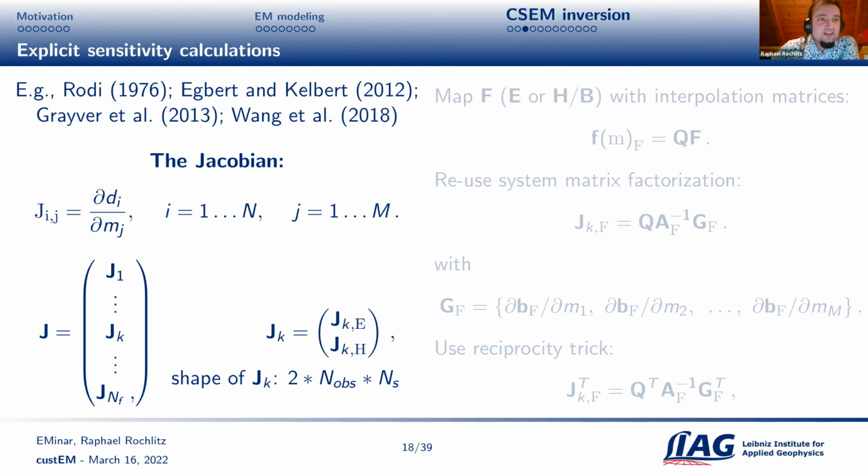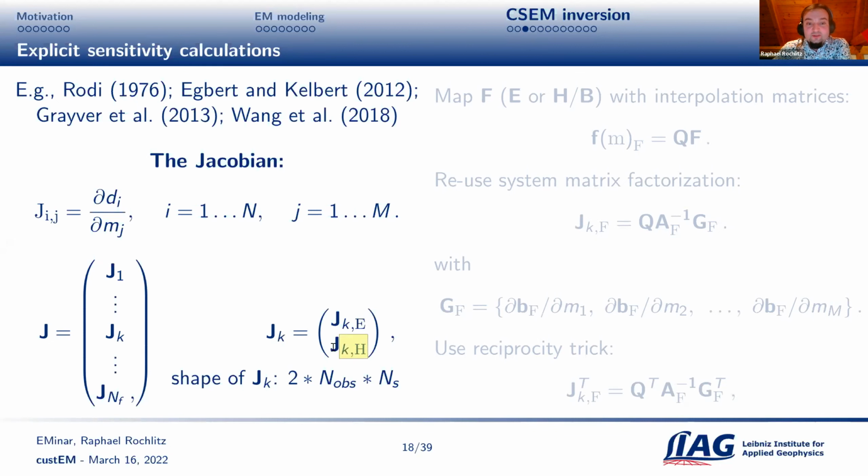We do it in a similar manner as Alexander. So we split our complete Jacobian into sub-Jacobians for each frequency. For instance, this can be 10 or 12 sub-Jacobians in our current analysis. And each of these sub-Jacobians is a combination of electric and magnetic field observations.